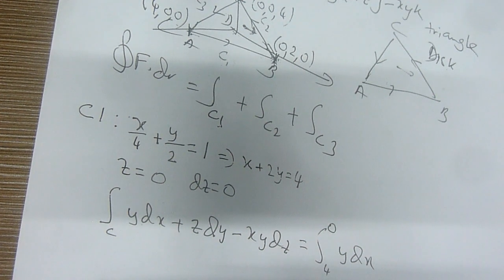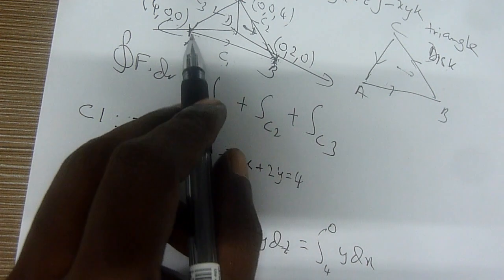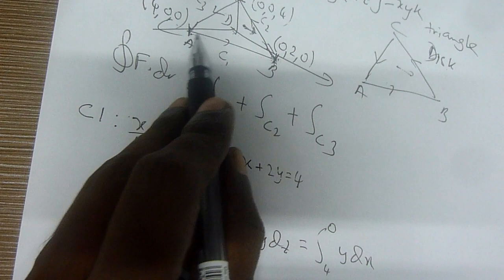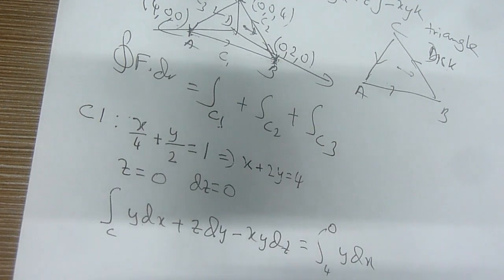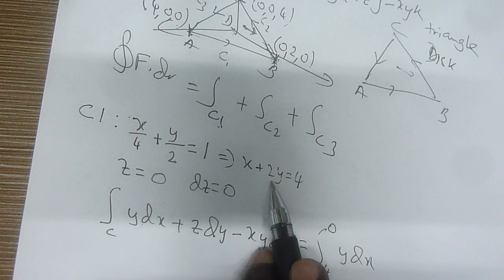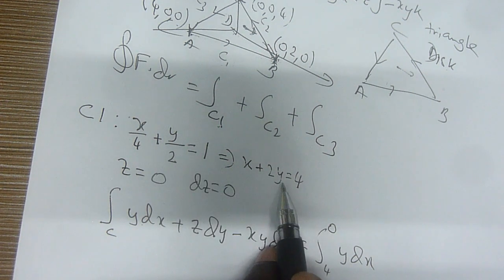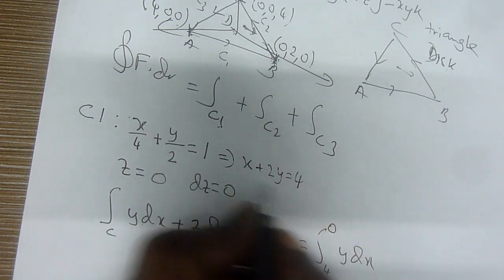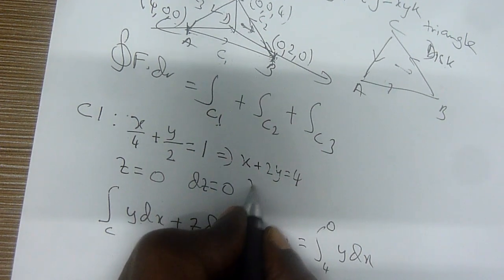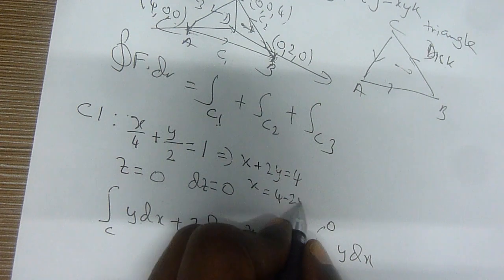Why? Because you see the arrow is not moving outward but going inside. Now you can use dx or dy also. Here you can use dy, no problem, but I want to make it a little bit faster. Therefore x is represented here as 4 minus 2y.